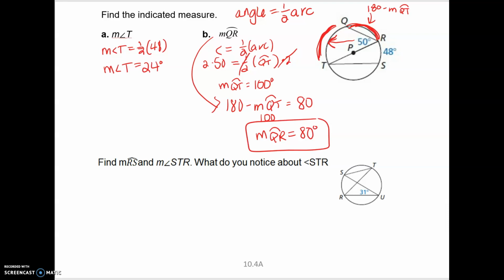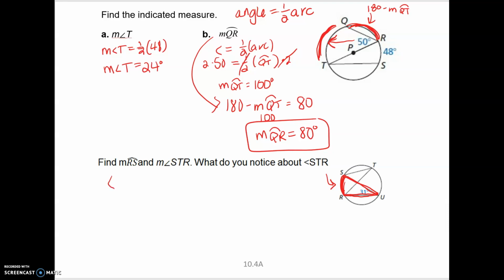Down at the bottom, find the measure of arc RS and the measure of angle STR. What we're going to do first is figure out that I do have one angle right here that I can work with. It kind of looks like an ice cream cone when you're looking at each individual part. So here's my ice cream cone. I'm trying to figure out what the measure of this arc is.